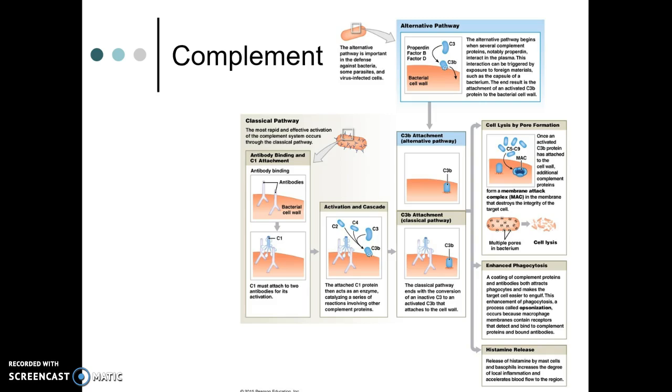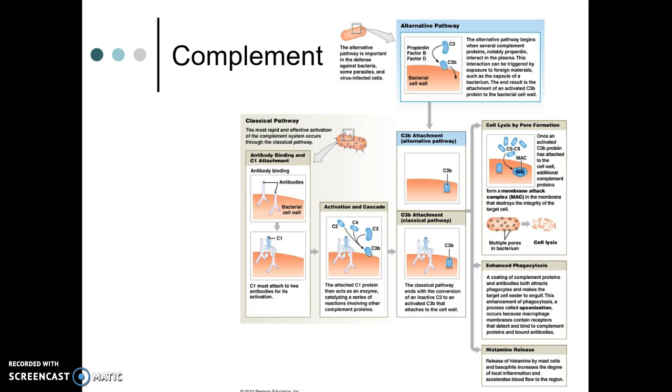So the alternative pathway begins with an unrecognized bacteria or parasite or a viral-filled cell, and the complement proteins come near it, and this foreign object stimulates the activation of the complement process.